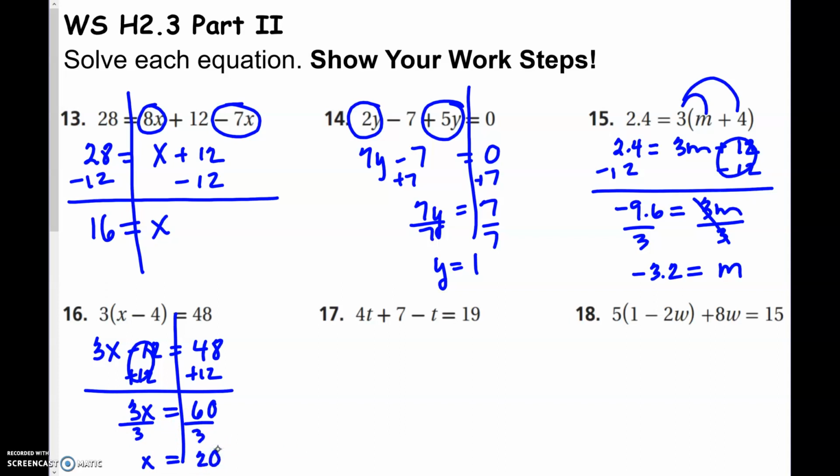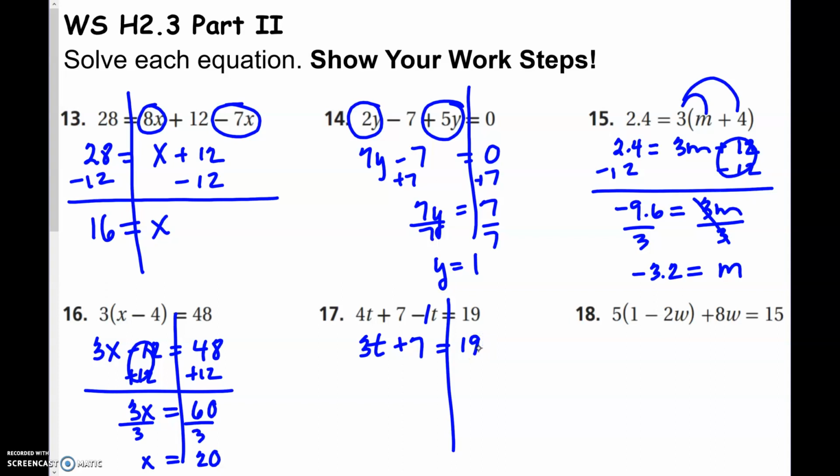All right, number 17. When we look here, it looks like we have 4t and a negative t, and they are on the same side. So we are going to combine like terms. 4t minus t is a 3t, because you're basically saying 4 minus 1, and we still have that 7.